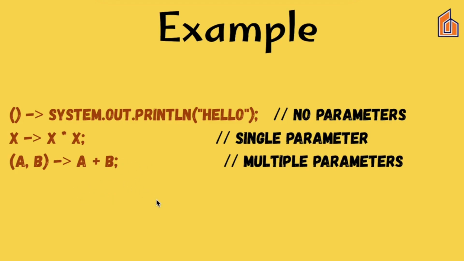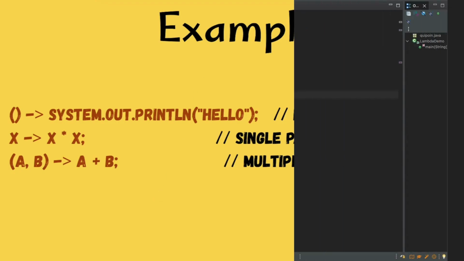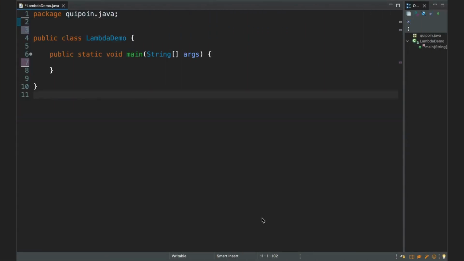Now let's see the code for it. Here I am directly pasting the code to save time. First we will see what happens without a lambda expression in the code. So for that, let's write.